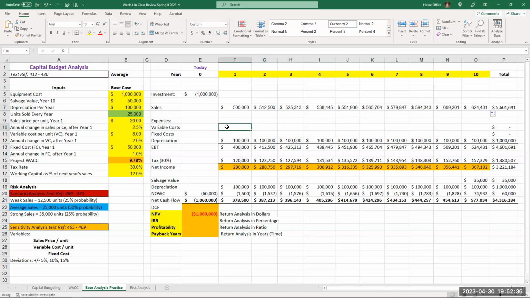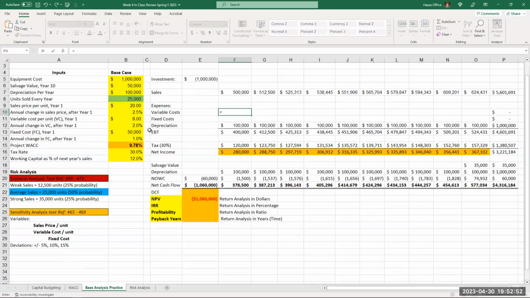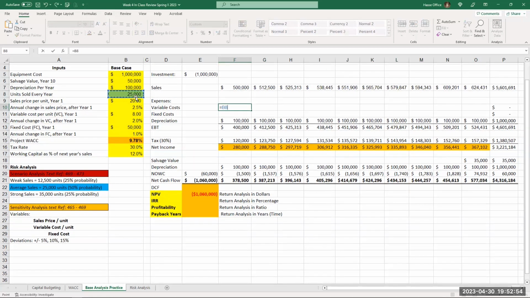What are my variable costs? All right, my variable costs are $8 a unit. These are maybe wages, marketing, whatever. Variable costs are $8 a unit. So now I'm going to put in 25,000 units times $8. So there's my operating expense for variable costs, $200,000. This also inflates at 2% a year.